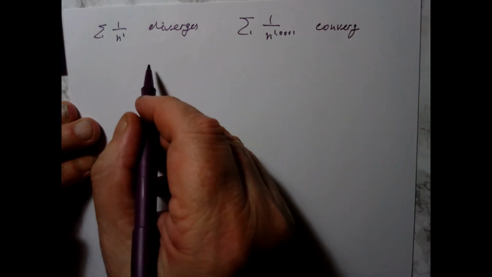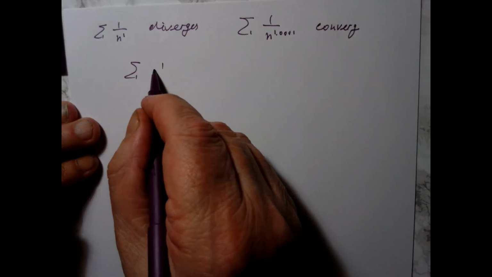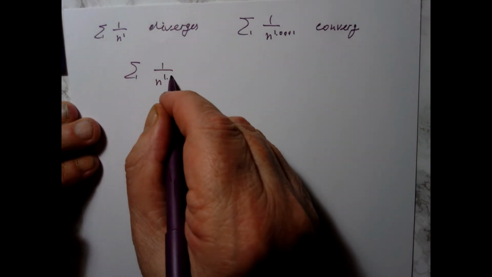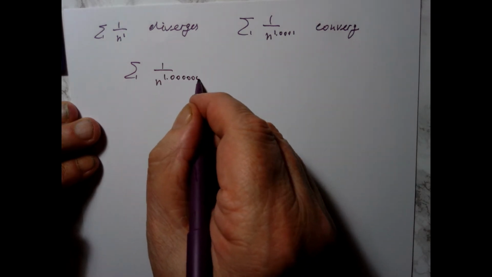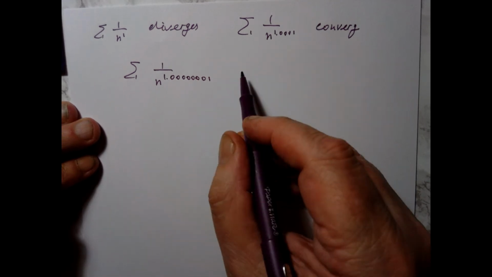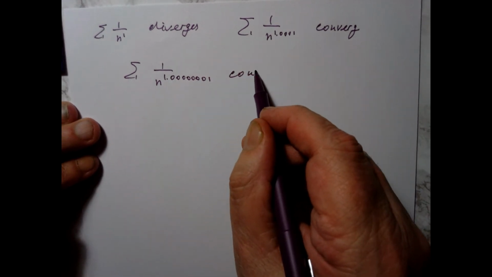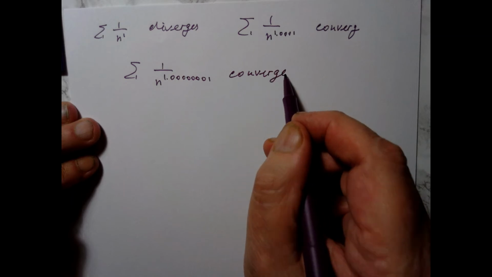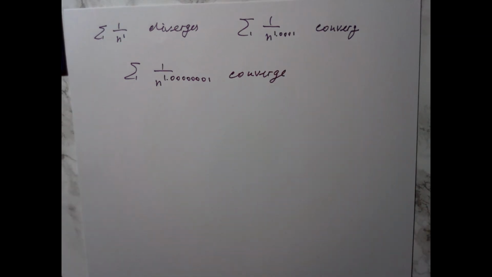And of course, if I look at the series sum of 1 over n to the power 1.00000001, then this number is still greater than 1, and the series converges. Now also notice that when I talk about convergence or divergence of the series, never ever do I dream of computing what it converges to. I just want to conclude if the series converges or not.